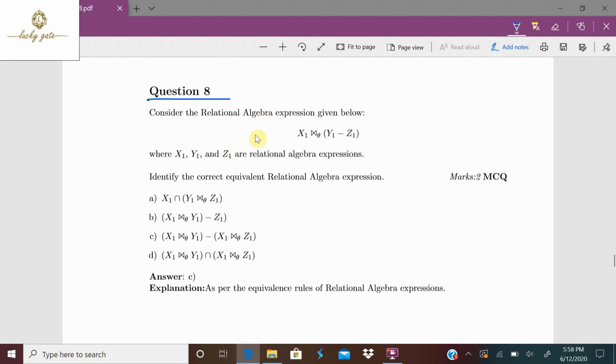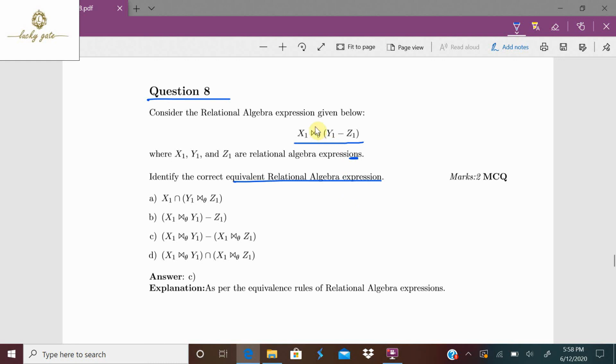Question number 8. Consider the relational algebra expression given below. This is x1 join y1 minus z1. Here x1, y1, z1 are relational algebra expressions. Identify the correct equivalent relational algebra expression.